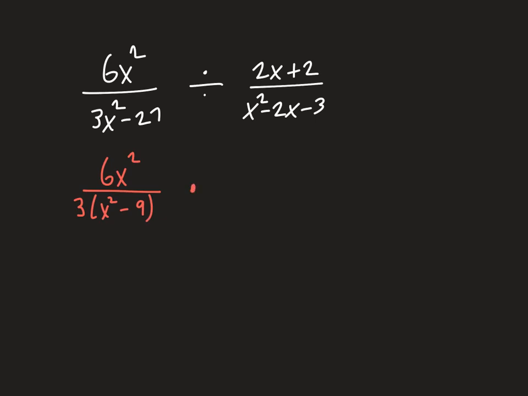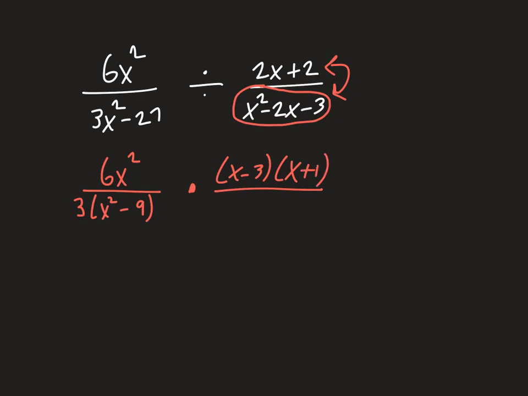Okay, and remember, it's going to become multiplying by the reciprocal, right? That's how you divide a fraction, isn't it? So this is actually going to become the numerator because I changed it to a multiplication problem. So factoring the x squared minus 2x minus 3, we should get x minus 3 and x plus 1.